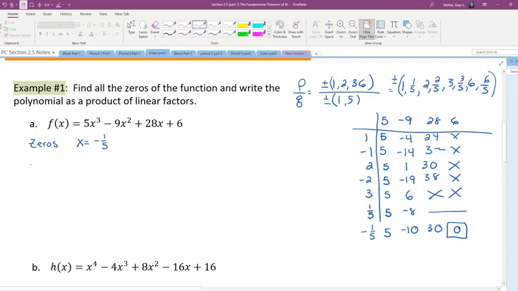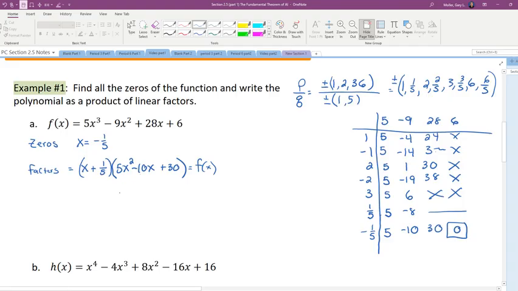I have also learned that my factors are, I guess we'll say this for now, we might revisit it, x plus 1/5 times 5x squared minus 10x plus 30 equals f of x. So I'm now going to factor this or solve it some other way.